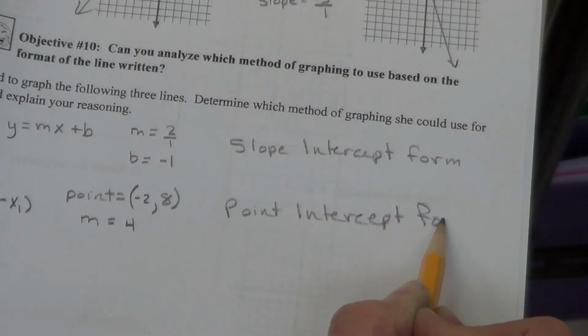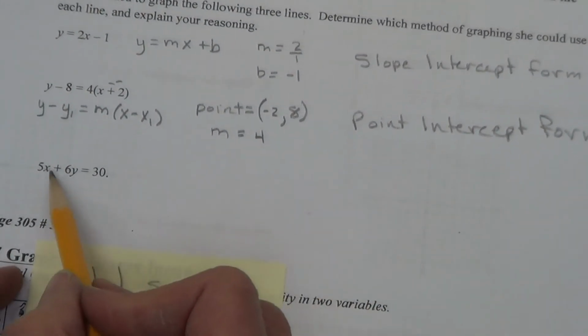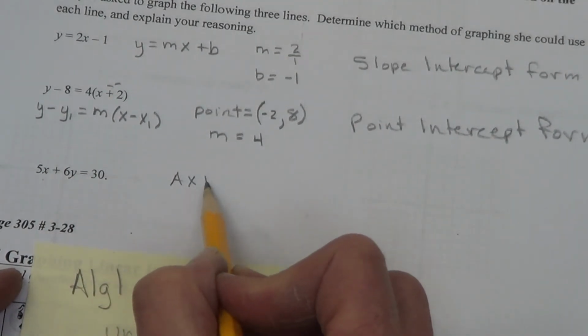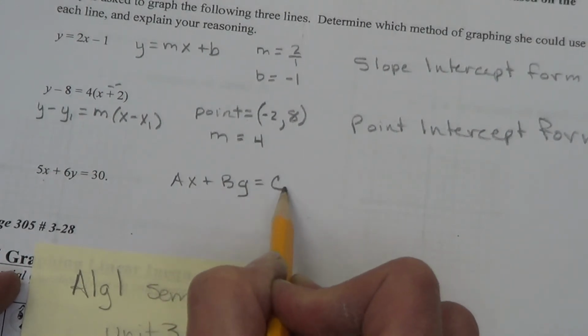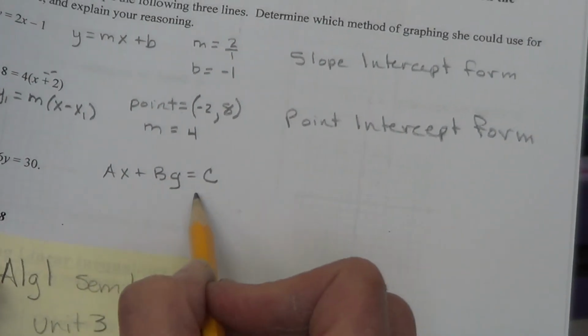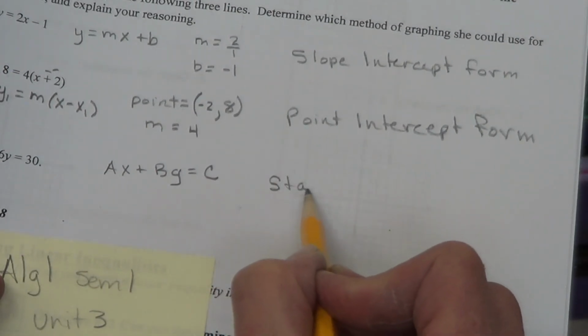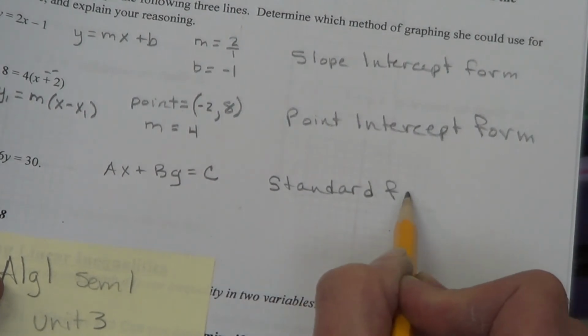If it's not, ask me a lot of questions in class. The last format is what we call standard form. It's in the form of ax plus by equals c, and I think of the standard alphabet, ABC, so it's called standard form. We have not been working as much with it lately.